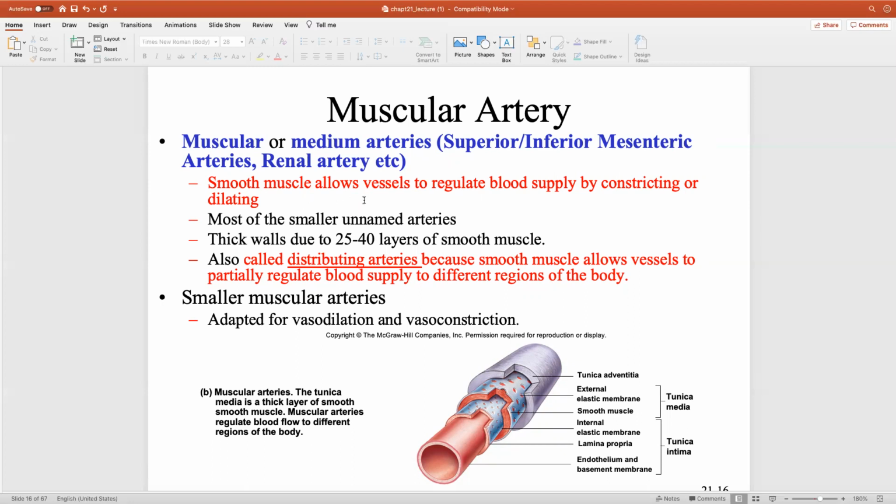All right, even smaller unnamed arteries are muscular in nature. They contain thick walls of 25 to 40 layers of smooth muscle. They're also called distributing arteries because the smooth muscle allows blood vessels to partially regulate blood supply to different regions of the body. Again, what we're going to normally see is this.